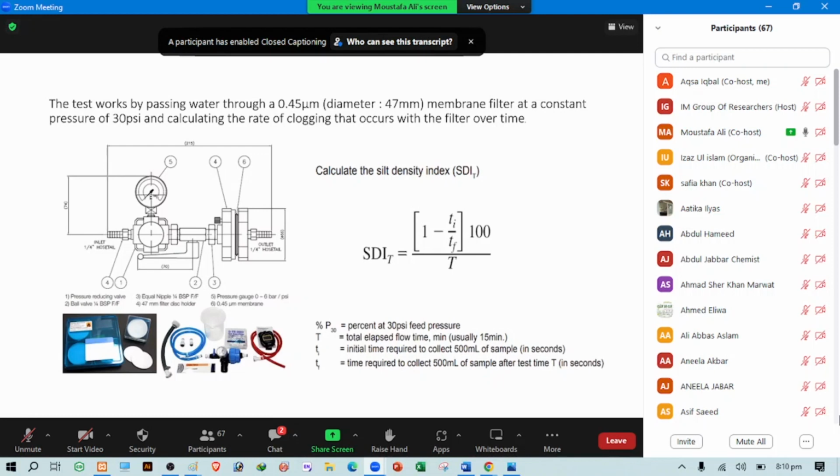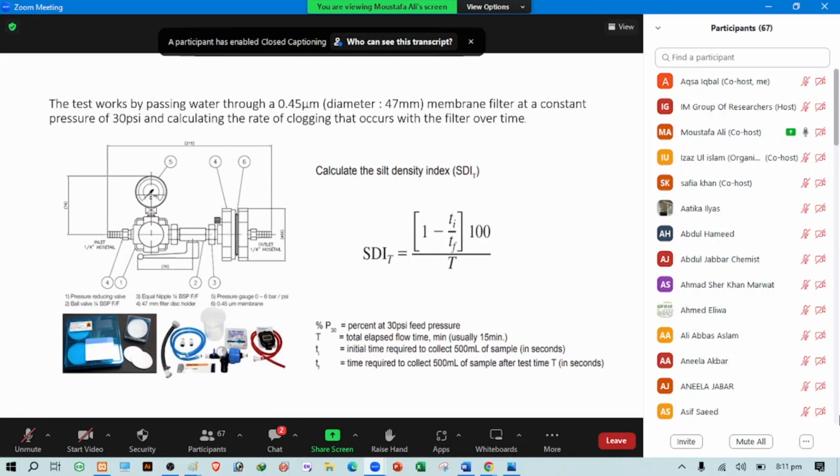Why do we use the term silt? Because the silt size ranges between 64 micron down to 2 micron. Why do we choose this range specifically? Because for micron filtration, the amount of TSS to be removed should not exceed 2 ppm.